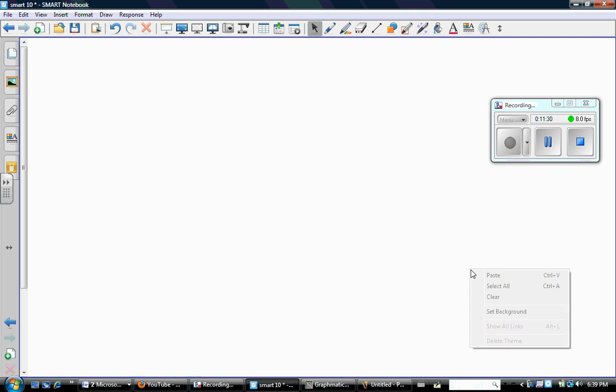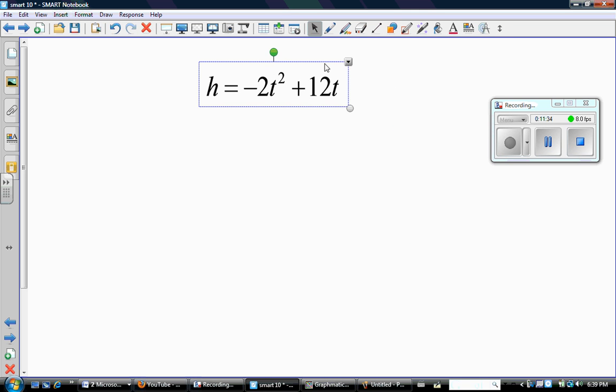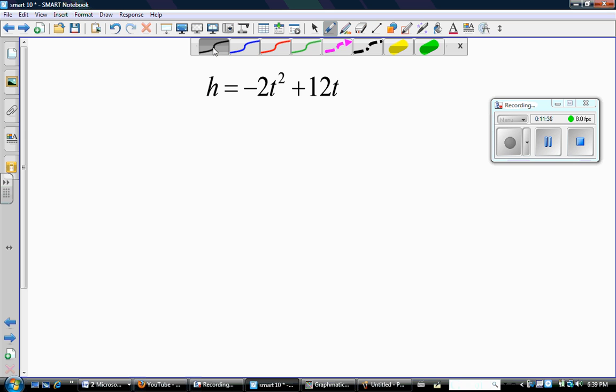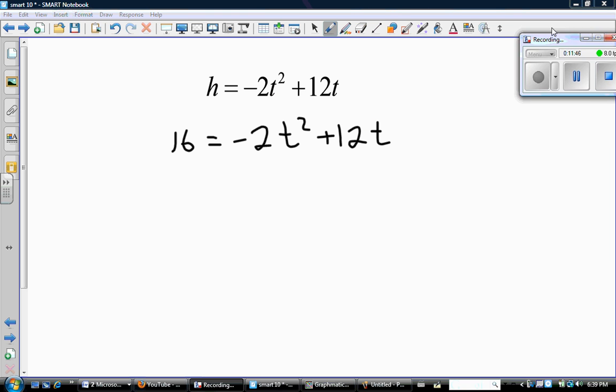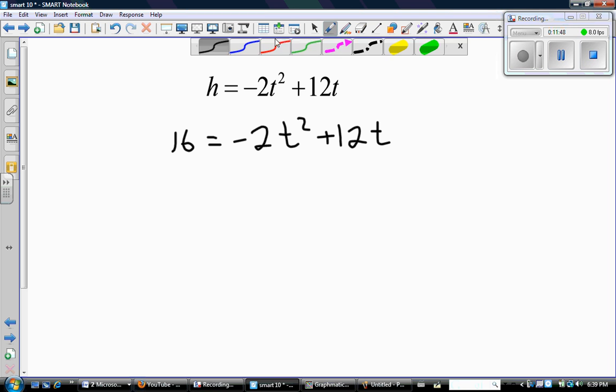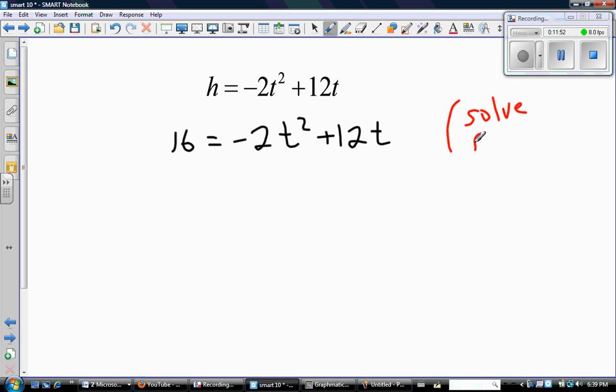And again, now we know this time that we are at a height of 16. And I want to know what values of t give me that value of h. So once I've substituted in the h, all I have to do now is use my algebra and math skills to solve for t. So let's do it.